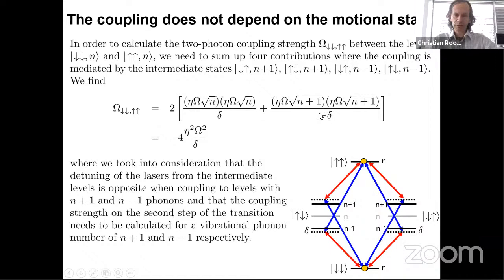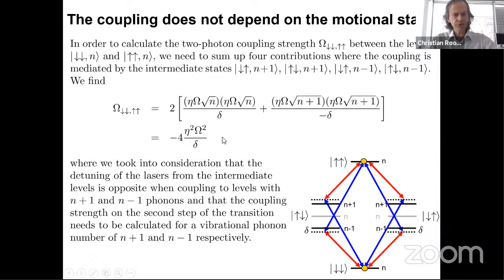And you can see that if you add up these two processes, then most of the coupling strength cancels out, but there is a remaining part which is due to the factor +1 that you have here, and which gives rise to a coupling strength proportional to the Lamb-Dicke factor times the Rabi frequency squared divided by the detuning from the intermediate state. You can see that this coupling strength no longer depends on the vibrational quantum number of the initial state you started in.